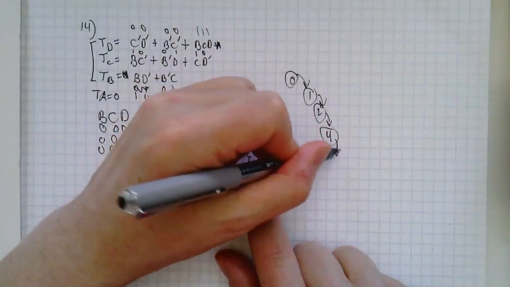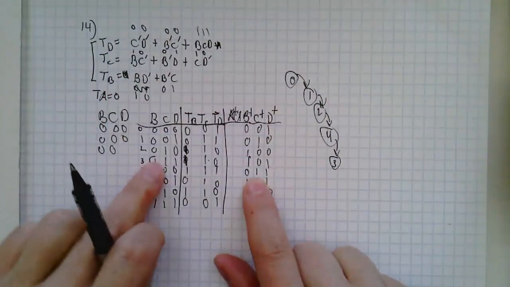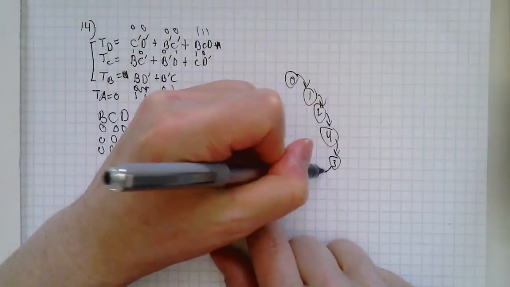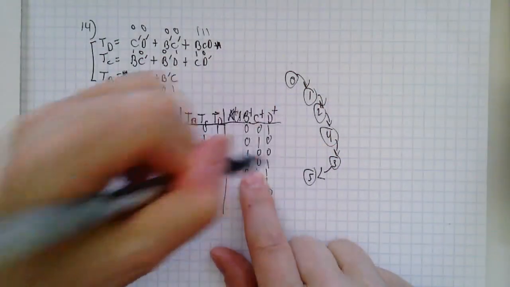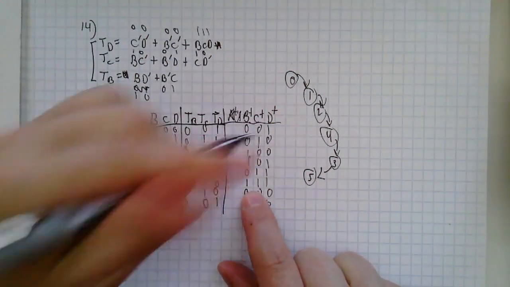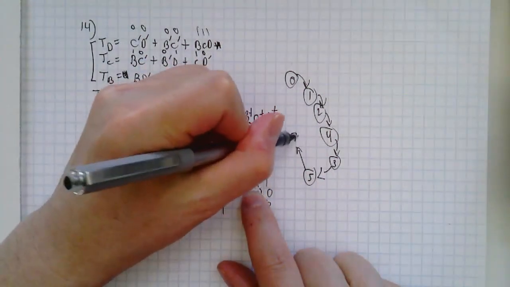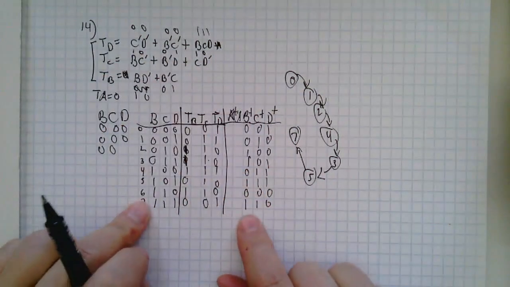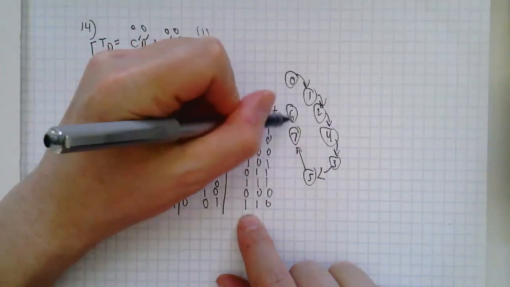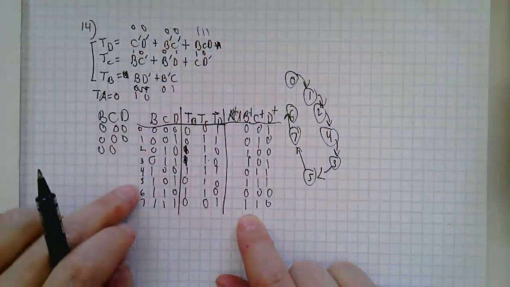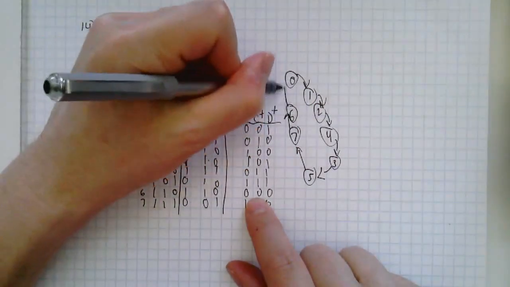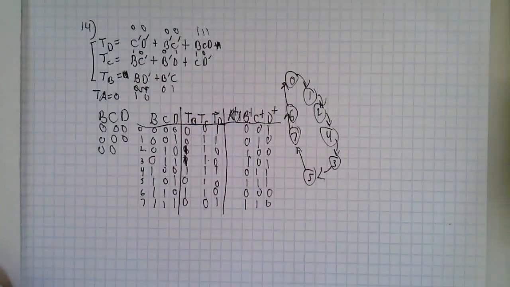If I'm in state 3, I go to state 5. If I'm in state 5, I go to state 7. If I'm in state 7, I go to state 6. If I'm in state 6, I go back to 0. That looks like a counter. And this is a degenerate finite state machine.